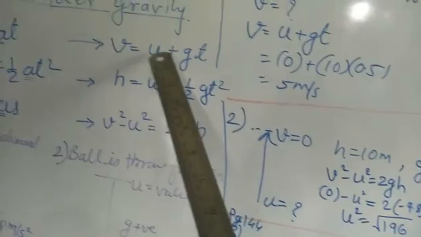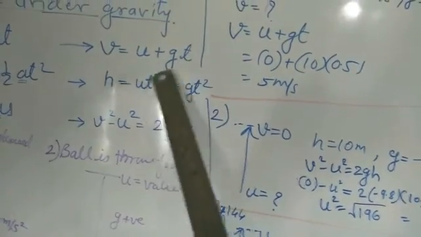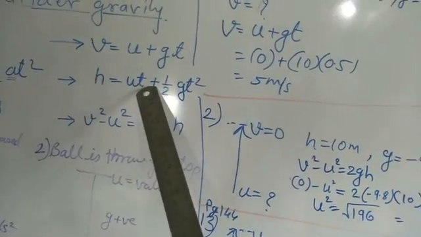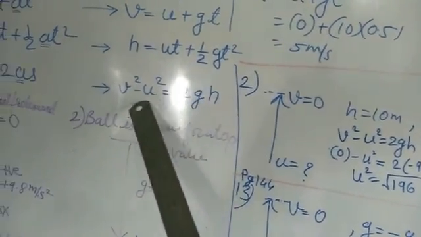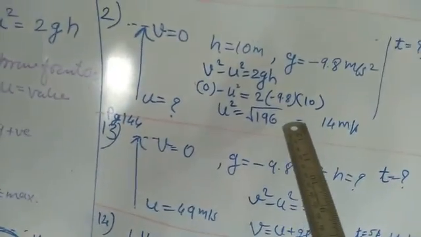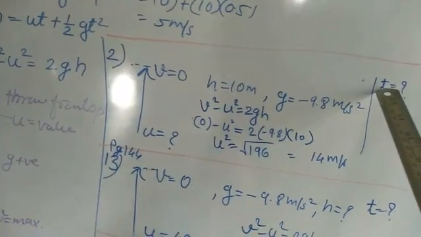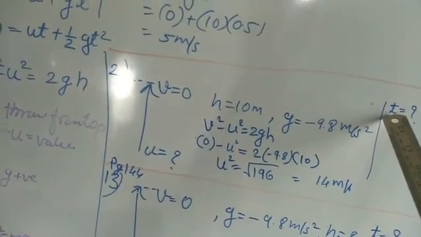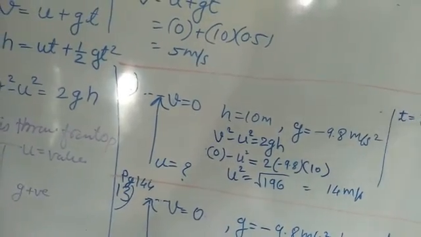You can use this relation or this relation also, but for that you will need t, and first you have to find out t, then you can use this relation, or otherwise simply go by this relation and you will get the value of u. Next it is asked how much is the time taken by the object to reach the highest point.